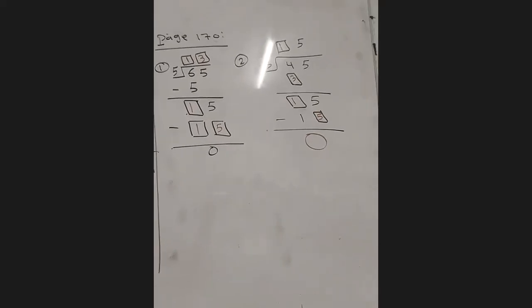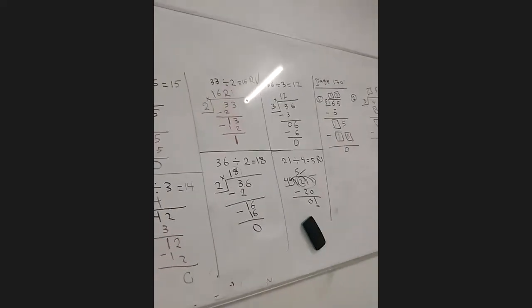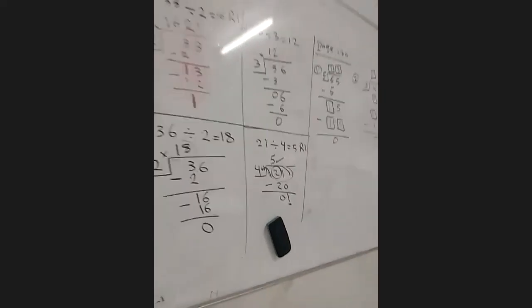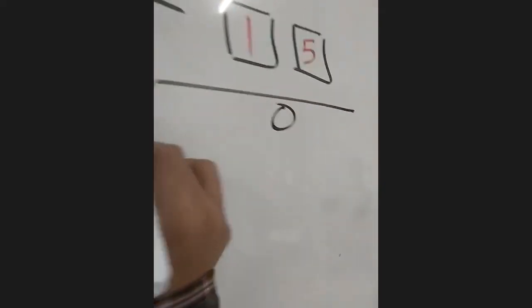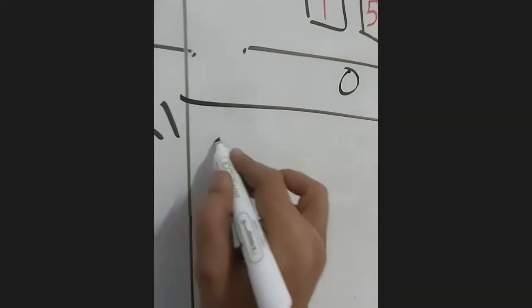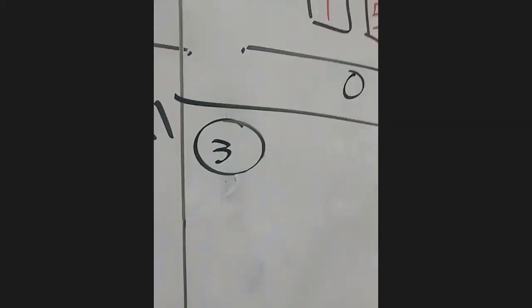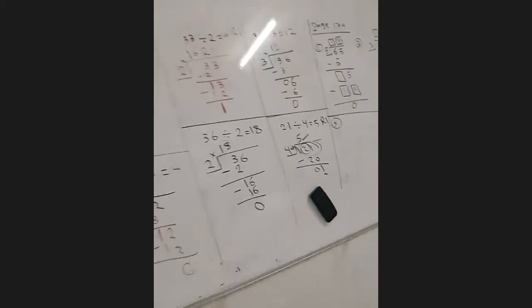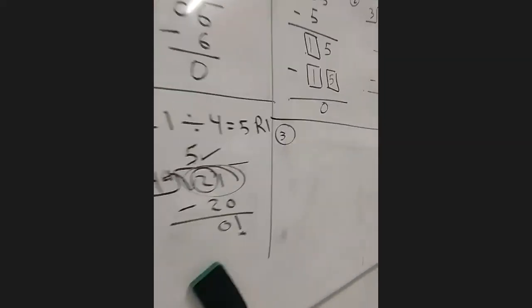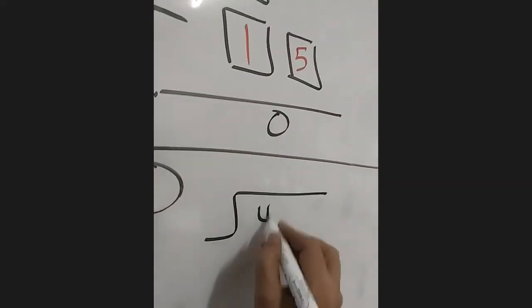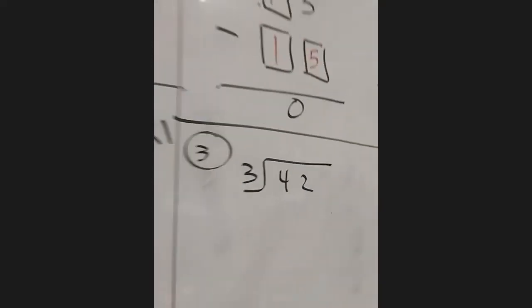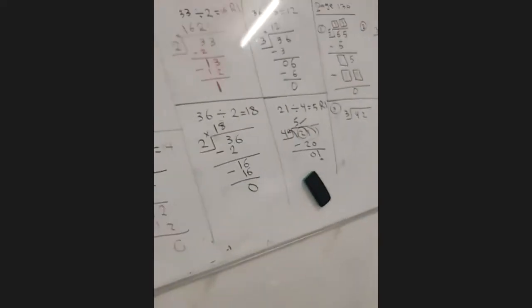Let's do another question, guys. We did questions 1 and 2. Let's go to question 3 also and do it on the same idea. Question 3. We have 42 divided by 3. And I will put the squares up. We have 2 squares.